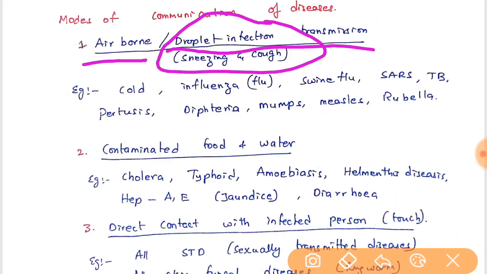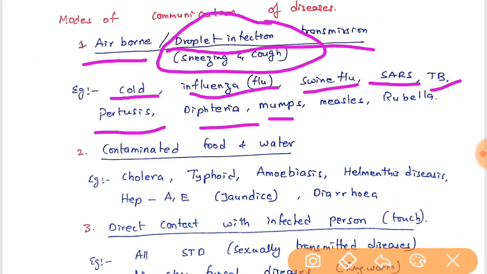If they don't do that, then the droplets which come out will affect other people around them. Okay, friends, the diseases which communicate through air are cold, influenza flu, swine flu, SARS, TB, pertussis, diphtheria, mumps, measles and rubella.